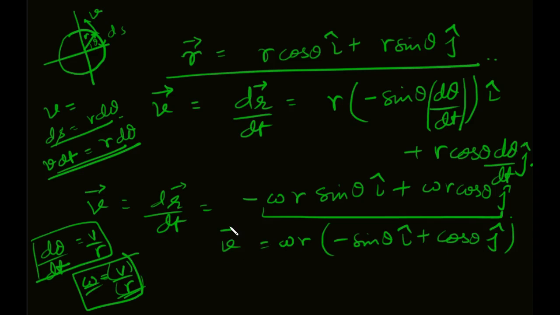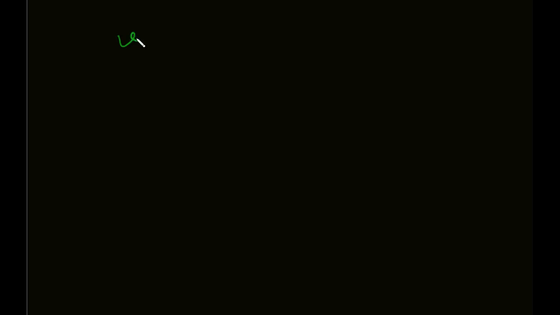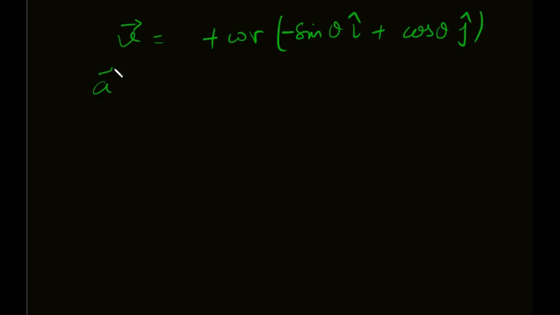This is the velocity. Okay. So we have to take out the acceleration now. So v was omega r times (minus sin theta i plus cos theta j), right? Now for acceleration, this is dv over dt.